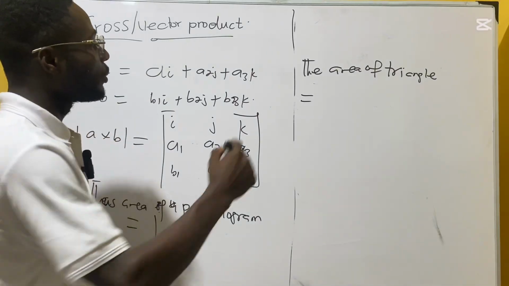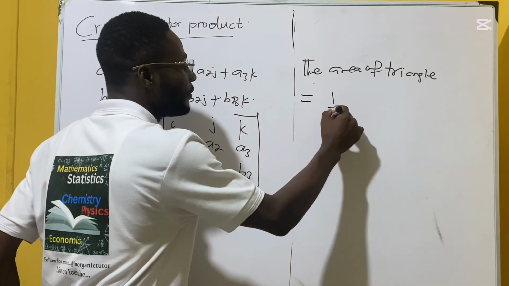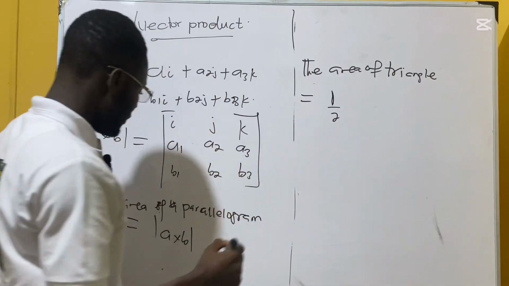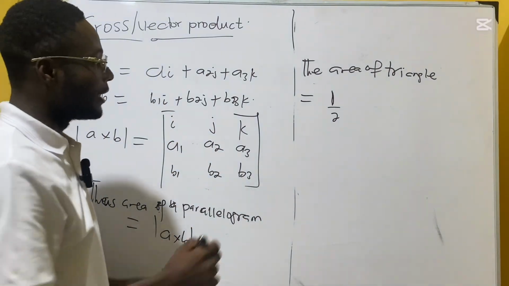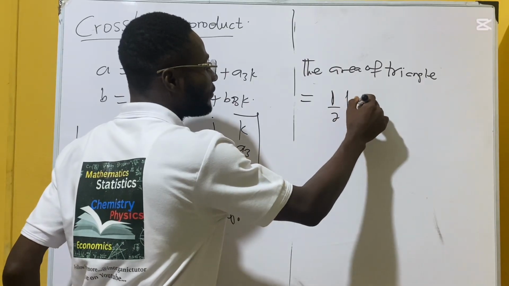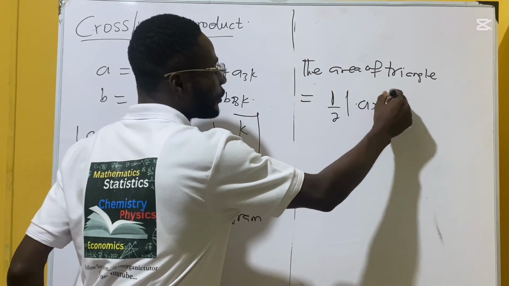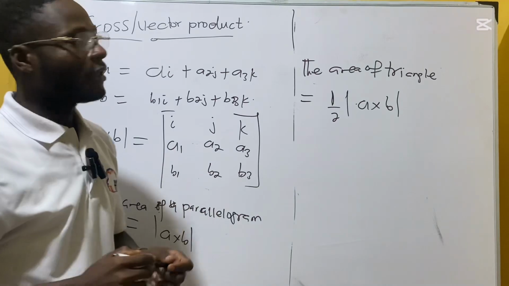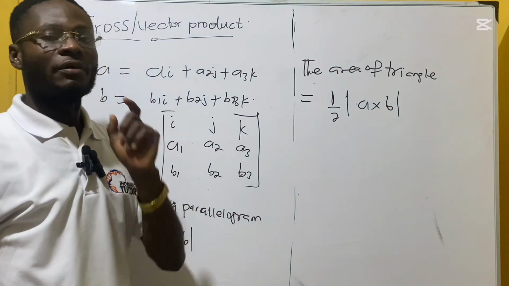So over here, you're going to have half of the area of the parallelogram, and that becomes the area of the triangle. So that is half of the magnitude of a cross b becomes the area of a triangle.